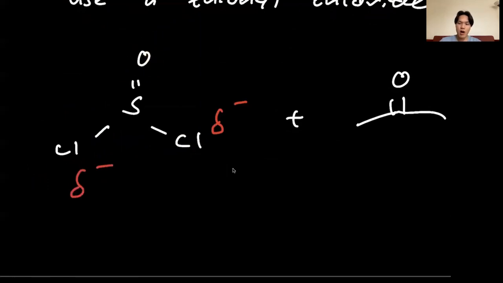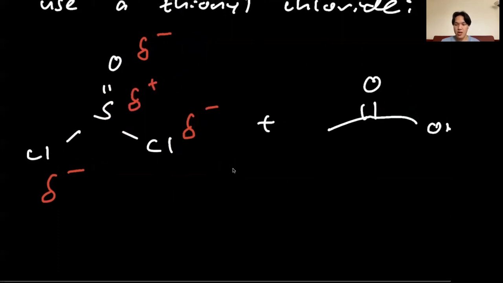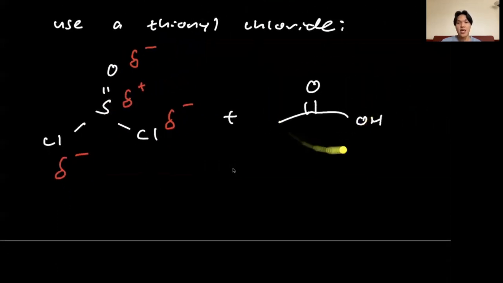And it's also being pulled by the oxygen. Although oxygen compared to chlorine is not as electronegative, it's still being pulled, so this is a delta negative as well. So now if there are a lot of delta negatives on these, that means this sulfur has a huge delta positive, right? And because it has this big delta positive, we can attack it with one of the oxygens that we have here.